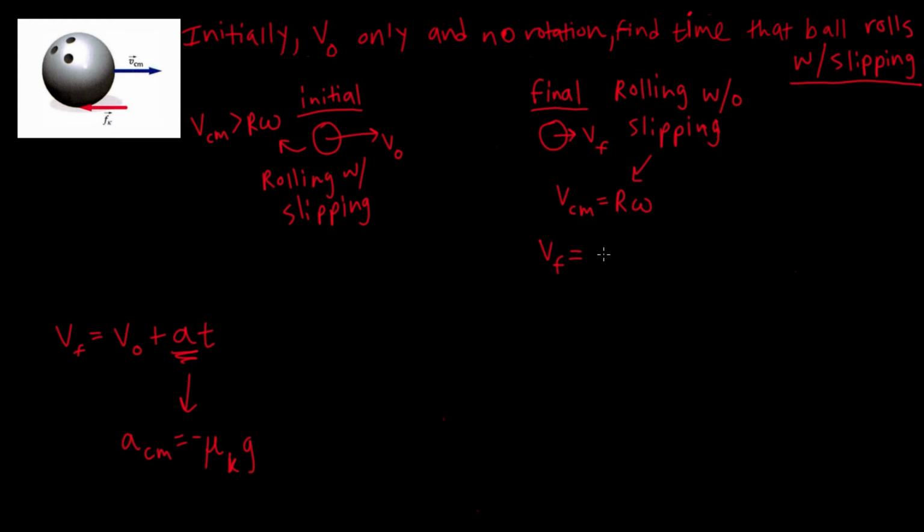So that means that the bowling ball will reach a final velocity at that point. So we can just apply this kinematic equation. And now we know the formula for the acceleration, so we can just plug that in. And if we plug in the acceleration, we get this formula right here.